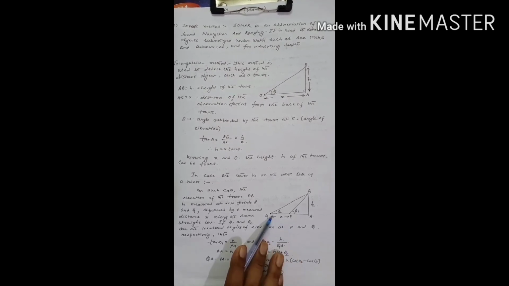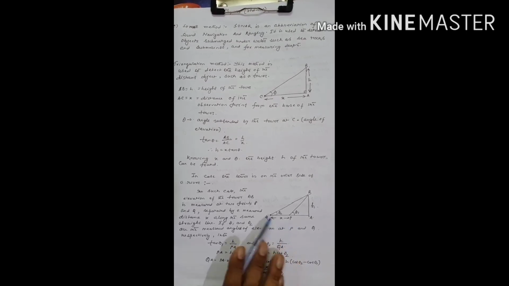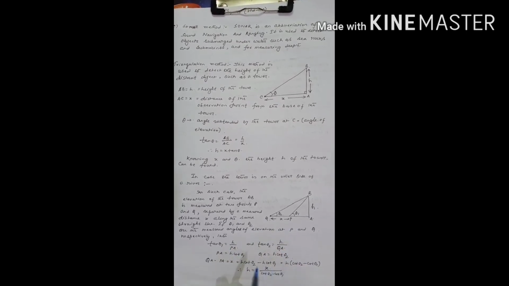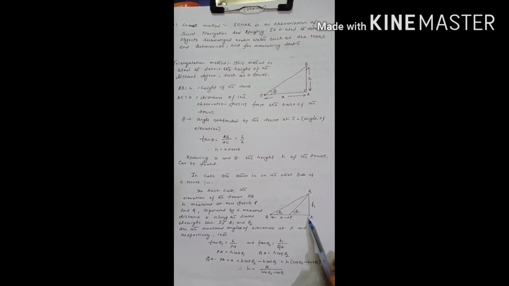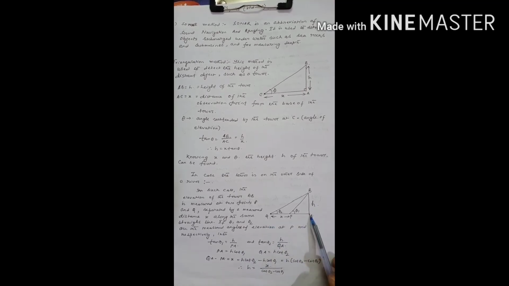If theta 1 and theta 2 are the measured angles of elevation at P and Q respectively, then tan theta 1 equals h by PA and tan theta 2 equals h by QA. So what is PA? PA equals h cot theta 1 and QA equals h cot theta 2.